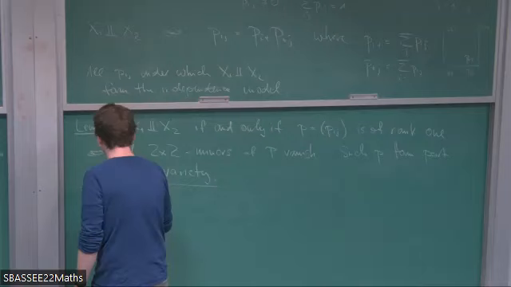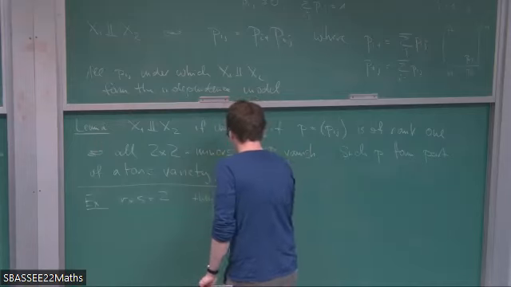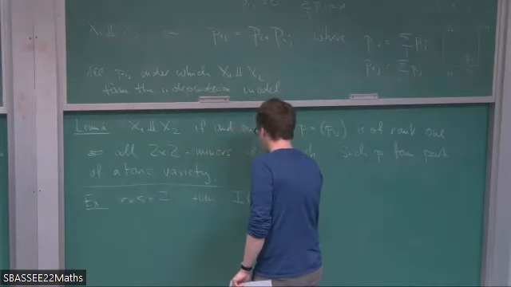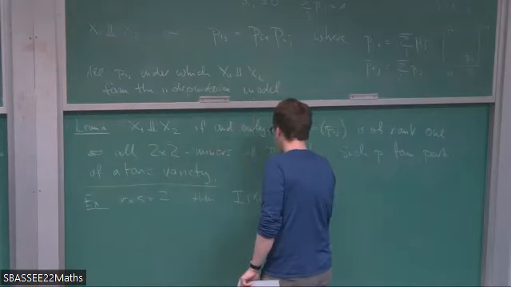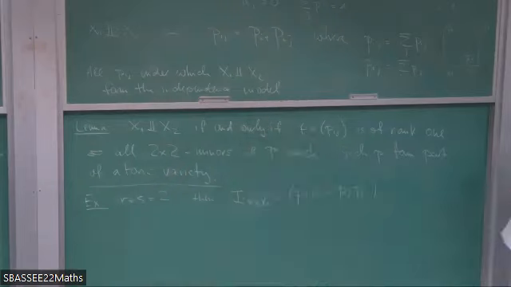Then the ideal of x1 independent of x2 is generated by P11 P22 minus P12 P21, the one 2 by 2 minor.